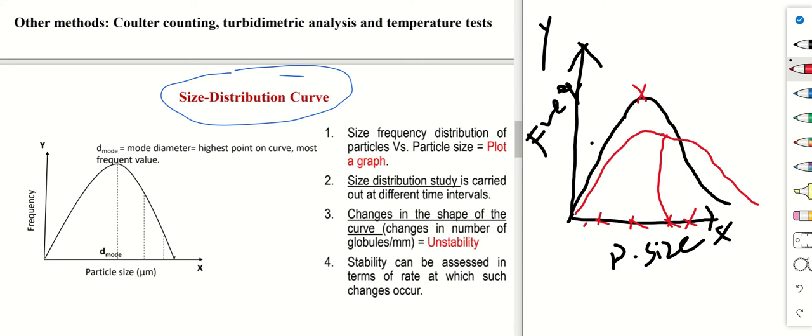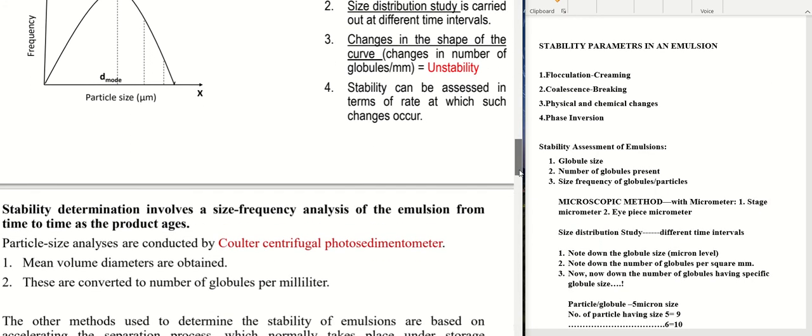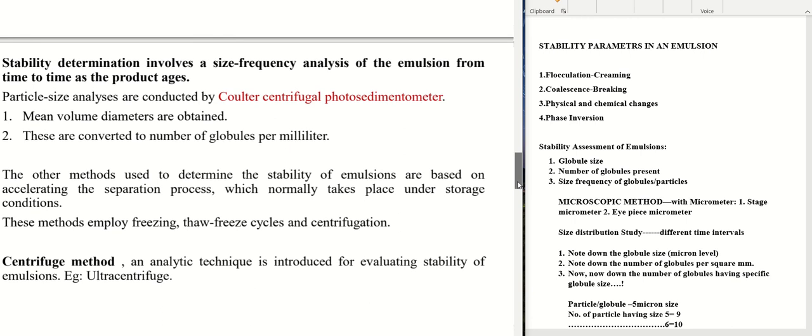Now, let's see the other methods by which we can assess the stability.